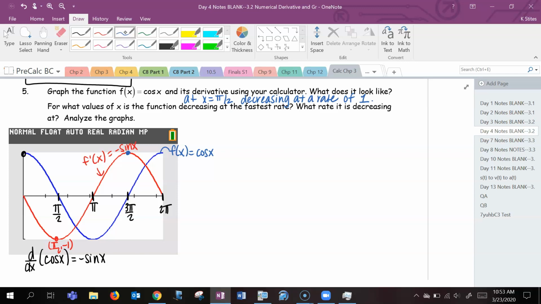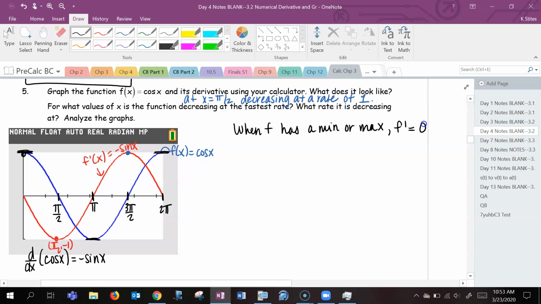So I'm going to start off by saying when f has a min or a max, okay, so that's here, here, here, f prime, the derivative, is equal to 0. Okay? Because again, the slope of your tangent is 0. You have a horizontal line.